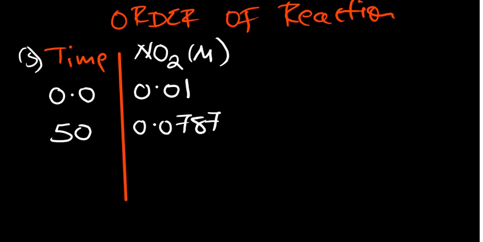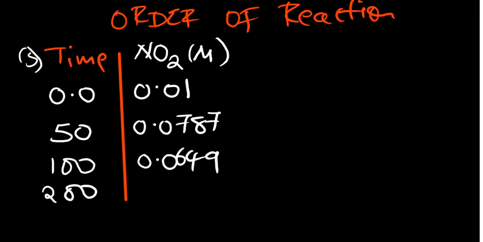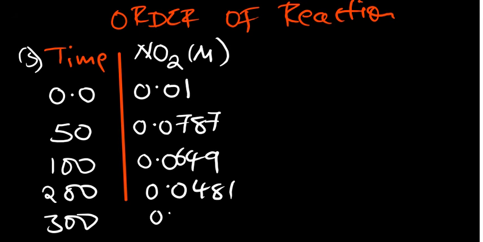Then after some time, it reduced to 0.0649. Then after some time, it reduced to 0.0481. After 100 more seconds, it became 0.00. Here there are some zeros missing, so let me write it better.